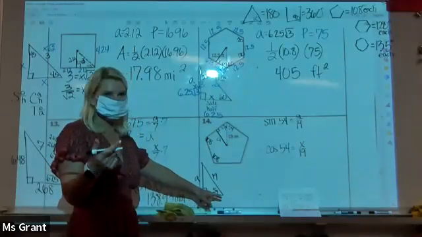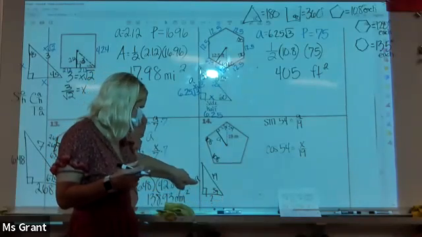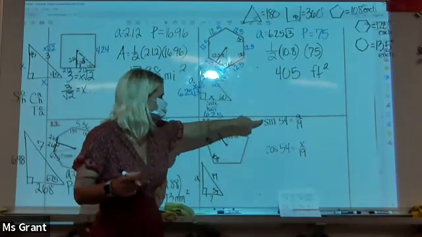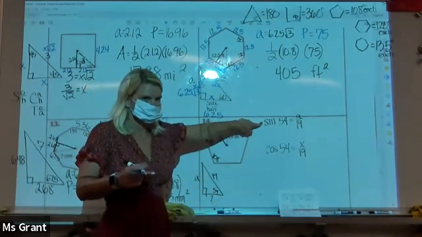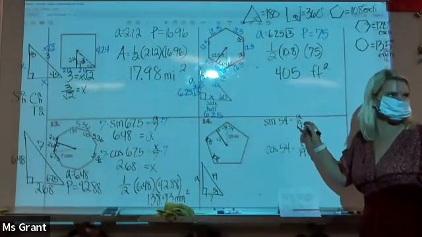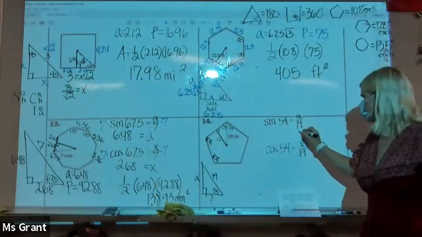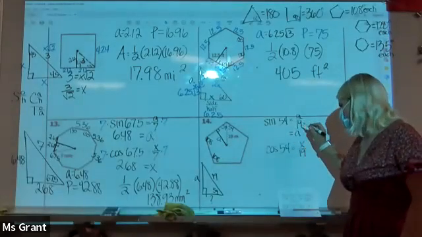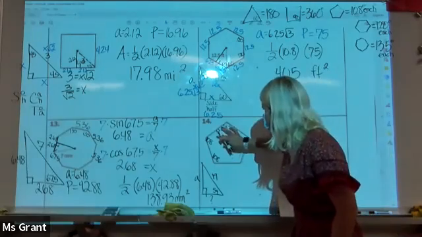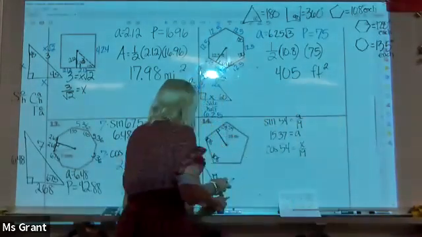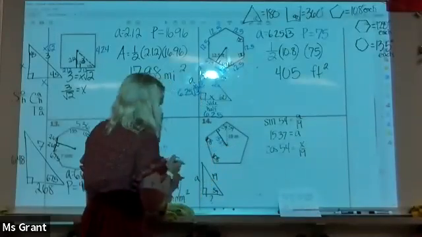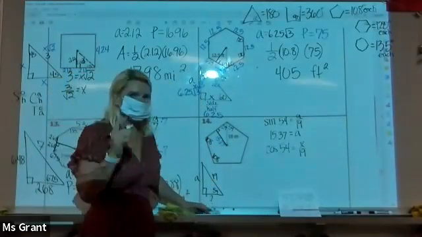And then I had to do sine or cosine or tangent. So it's opposite over hypotenuse, apothem over 19. So what did you get for A when you did sine 54 equals A over 19? So that means my apothem is 15.37. That's right here. Okay, that's one important piece of information.